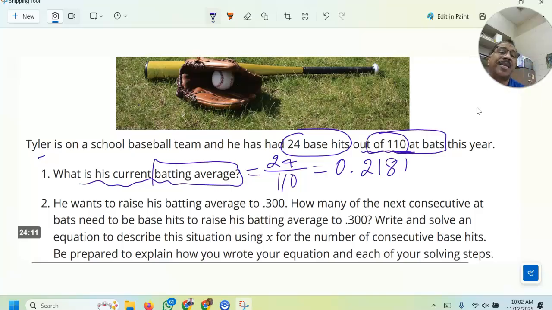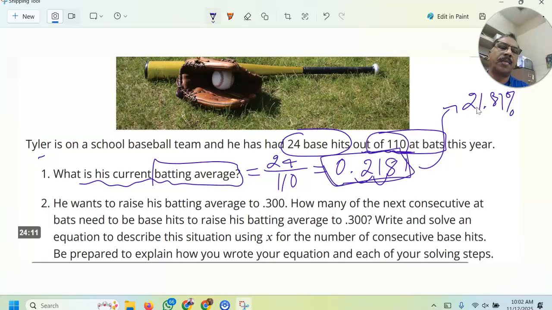If you want to understand it percentage-wise, you move the decimal two places to the right and get 21.8%. That's almost 20%. So that's the average as of now. I want you to keep this number, it is very important.